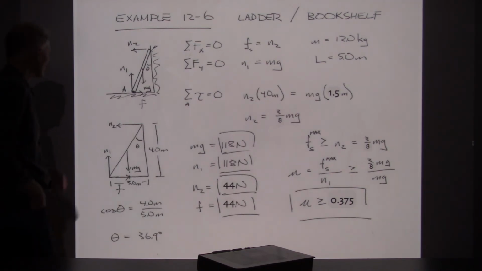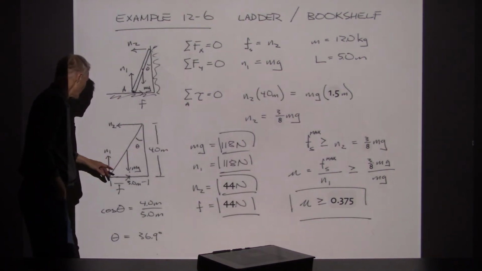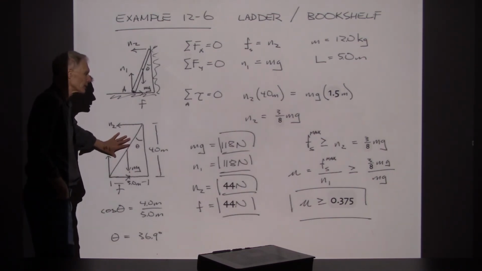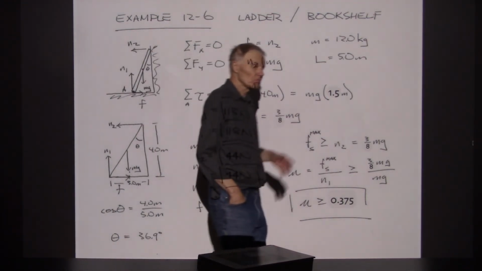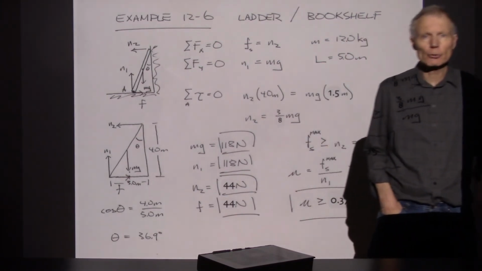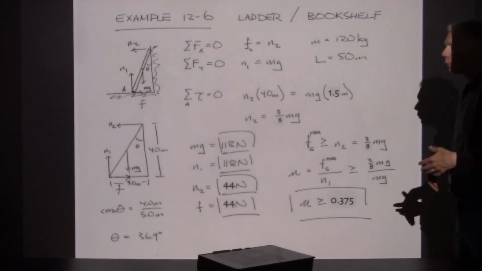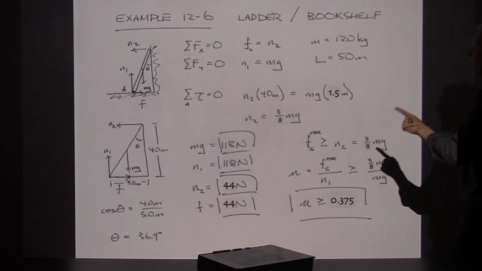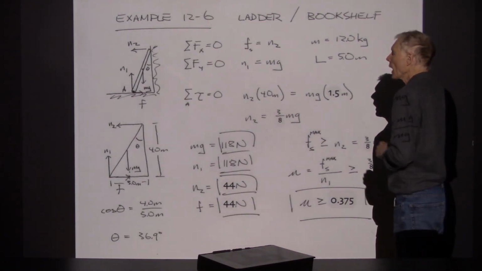Now, is there going to be enough frictional force to hold the ladder in place? So let's check that and see. That's kind of an interesting question. What would need to be the static coefficient of friction? How large would the static coefficient of friction need to be so that the ladder doesn't slide?